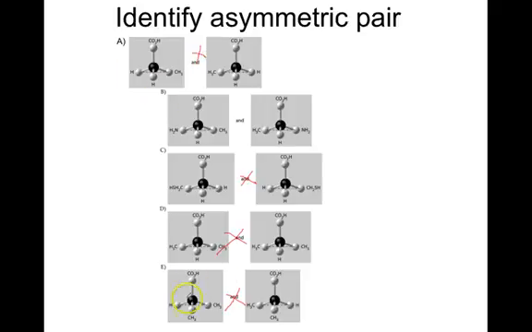H and H might be easy for you to identify as not asymmetric, but here the reason I considered this as not an enantiomer pair is because they do not have an asymmetric carbon. Why not? It's because they do not have 4 different groups attached, because this is CH3, this is also CH3. You have to read this one backwards from the point where it is attached. So CH3, this is CH3, this is CH3, CH3. Okay.